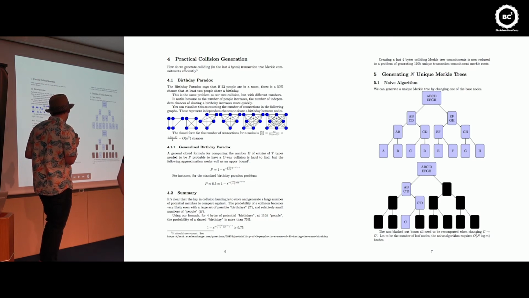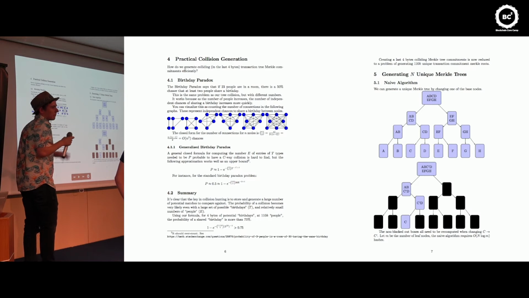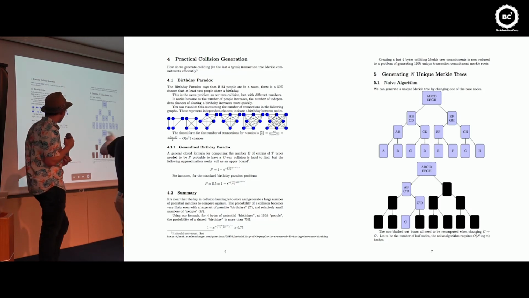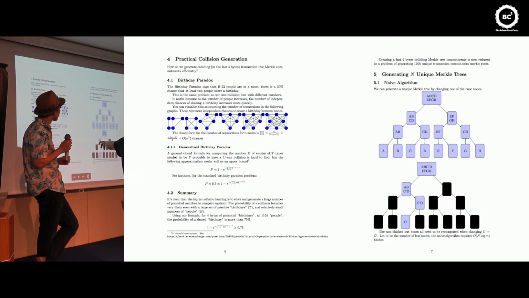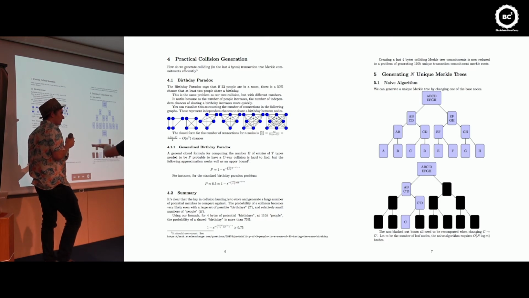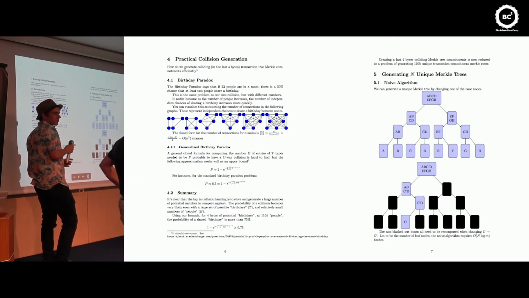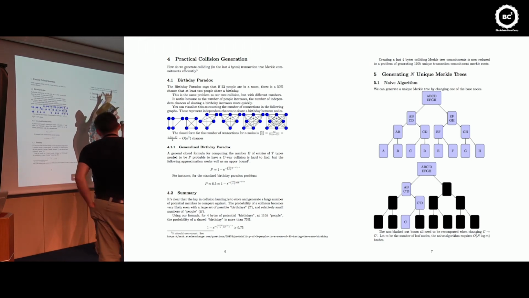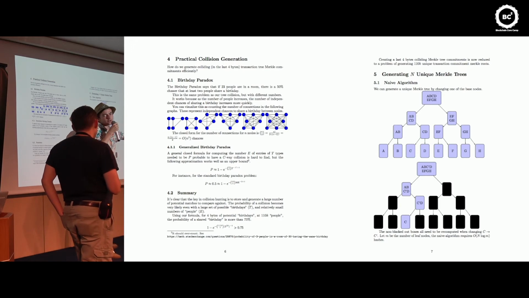A year has 365 days, but 4 bytes gives 2 to the 32 possibilities. Wait, what are people in this case? People are Merkle roots. So 110,000 different Merkle roots, and the chance that 2 of them share the same last 4 bytes is 75%. So we've effectively reduced the problem of generating two colliding Merkle trees to finding 110,000 hashes of the Merkle root.